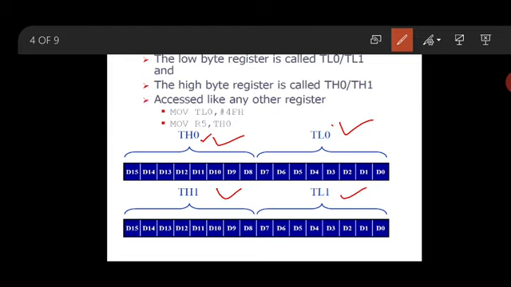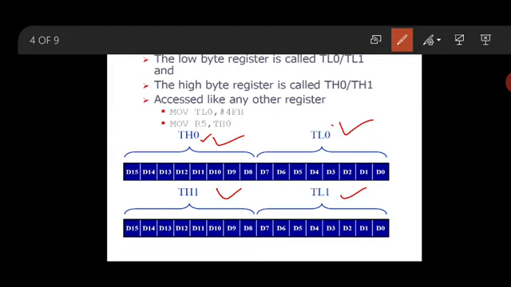Look here: MOV TL0, #4FH. If I mention the hash, you can recall it is the immediate addressing mode, in which 4F is the data copied into the TL0 register. Which timer am I using? Timer 0. Which byte? Lower byte. So 4F is copied into the lower byte TL0.